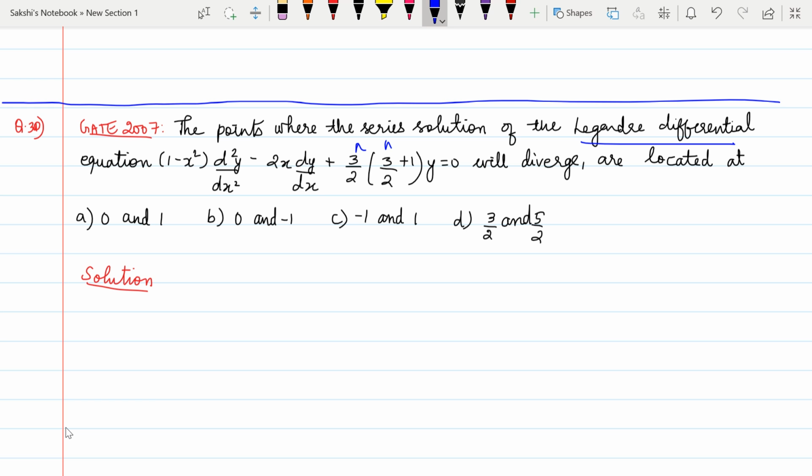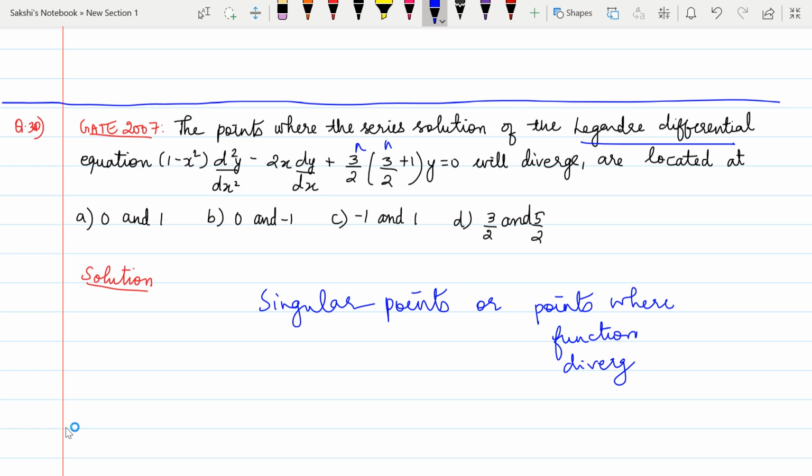If you remember the orthonormal property of the Legendre differential equation, you can easily identify the singular points. Just remember the singular points, the points where the function diverges.